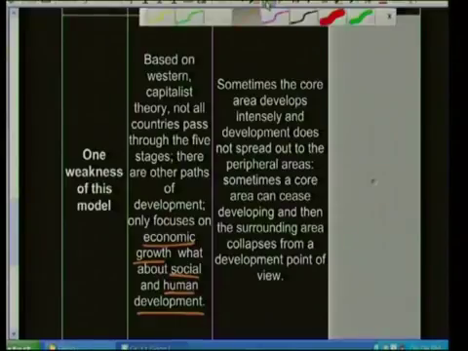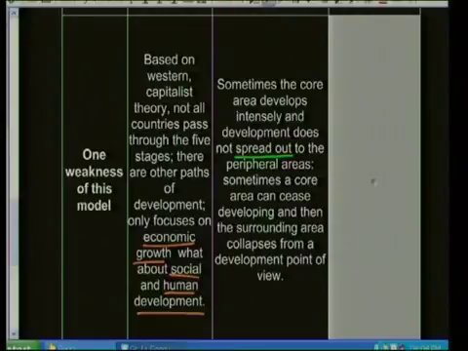With the core periphery model, okay, basically here, the main objection, it says sometimes the core area develops intensely and development does not spread out, okay? And that was the main criticism here, that there's no reason that development and growth should spread.